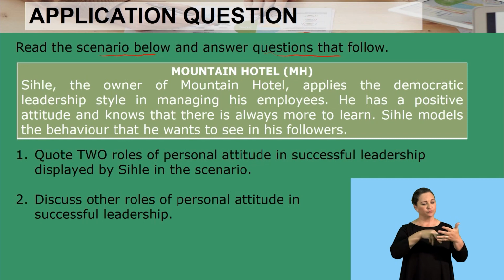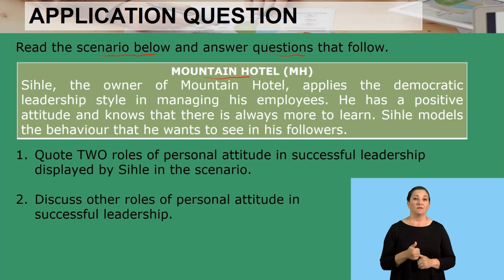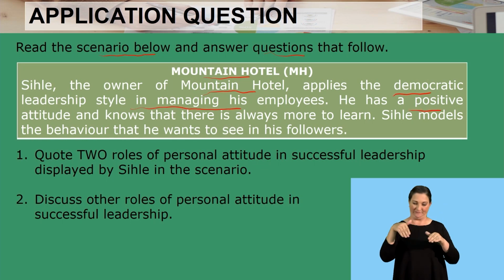Then we have another question which gives us an instruction to read the scenario below and answer the questions that follow. We have Mountain Hotel. In Mountain Hotel, we have Sihle. Sihle, the owner of Mountain Hotel, applies democratic leadership style in managing his employees. He has a positive attitude and knows that there is always more to learn.